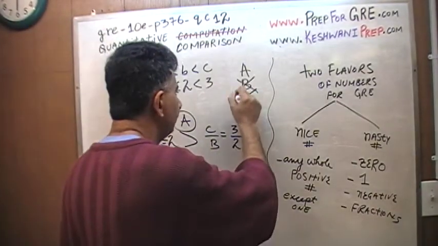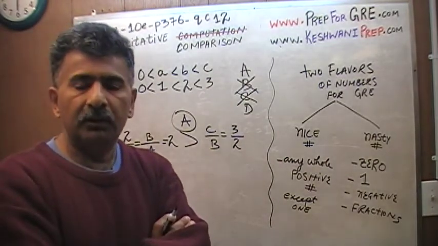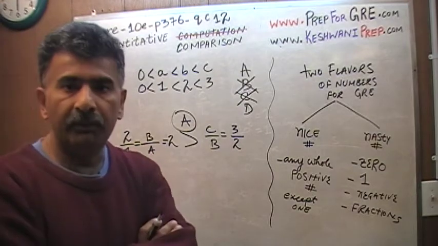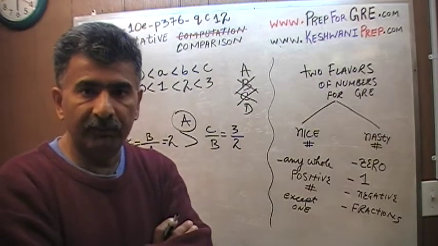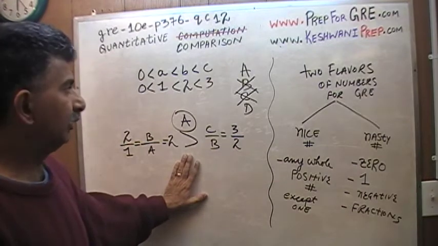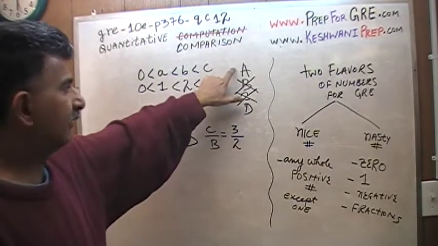Similarly, the answer cannot be C, because C would have meant that the two quantities are always equal, and they cannot be always equal if we have found one instance when they are not. So we do not know what the answer is, but we do know that it's not B and it's not C. It's either A or D.